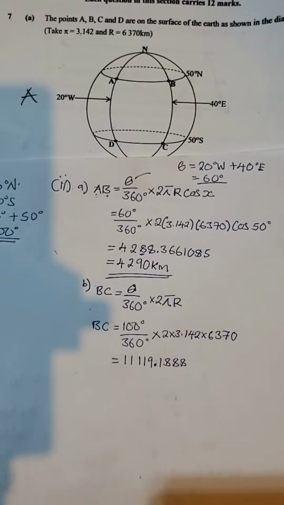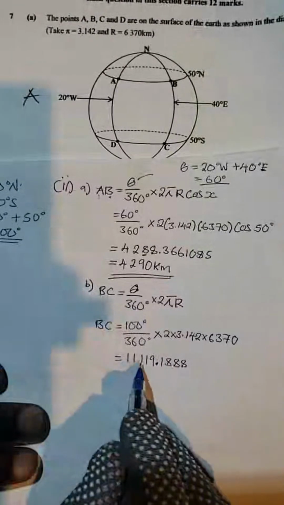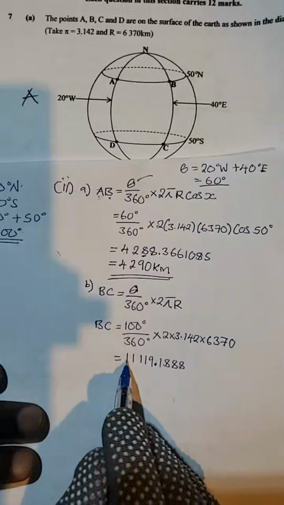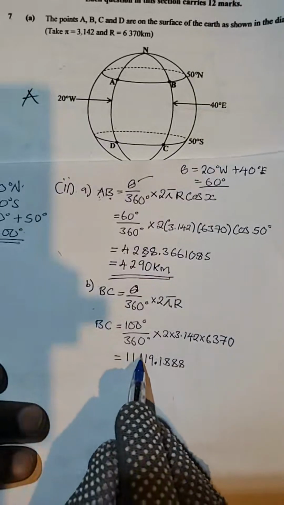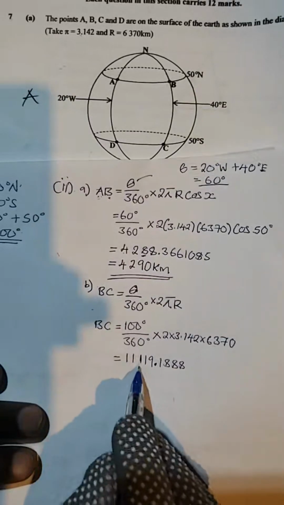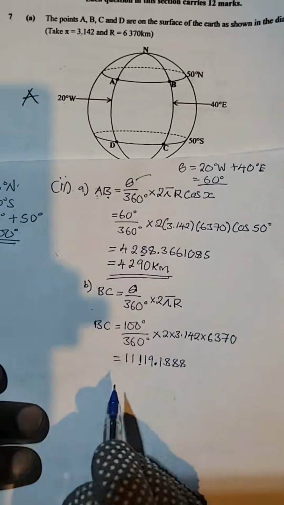All right. So here, let's round it off to 3 significant figures. So we have 1, 2, 3. Why are we rounding off to 3 significant figures?